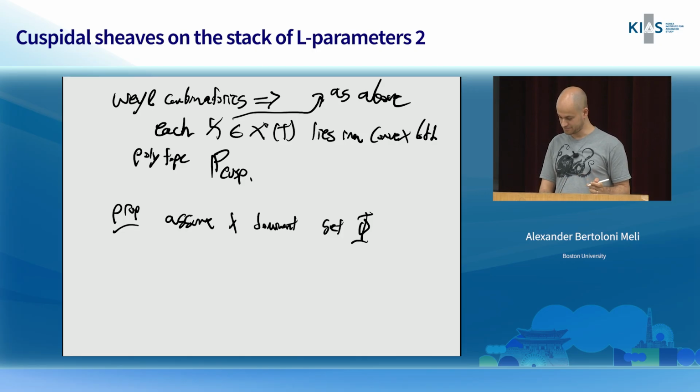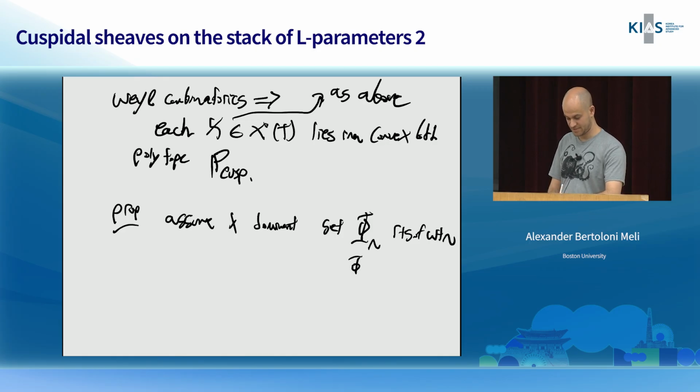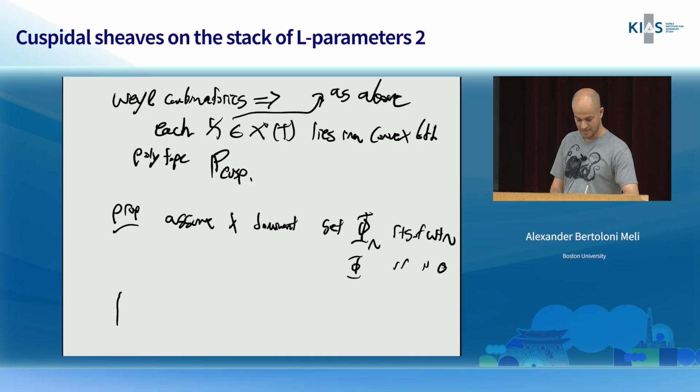And maybe I don't even need this dominant, but these phi n is roots of weight n. And phi 0 is roots of weight 0. And then here is the formula for P-cusp. This formula is less useful than you might think.